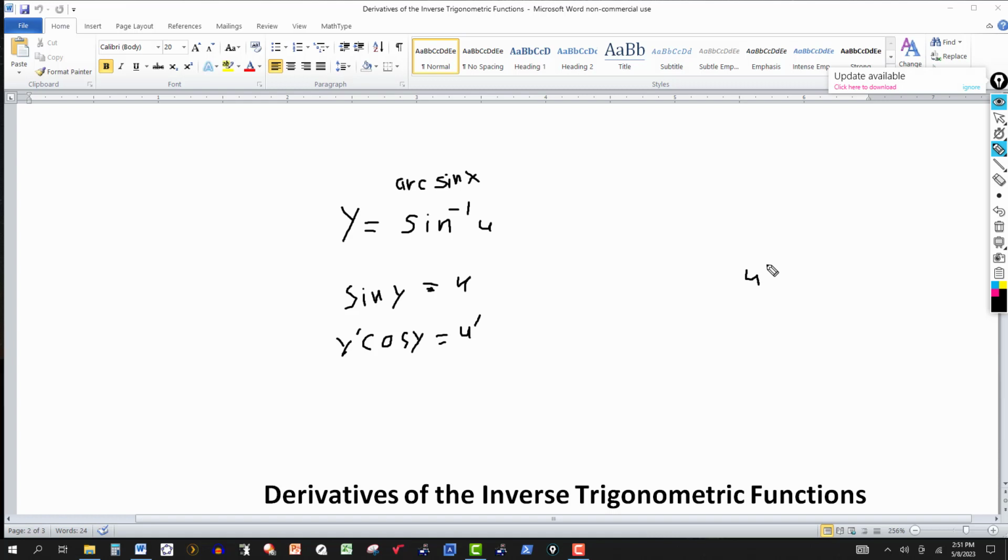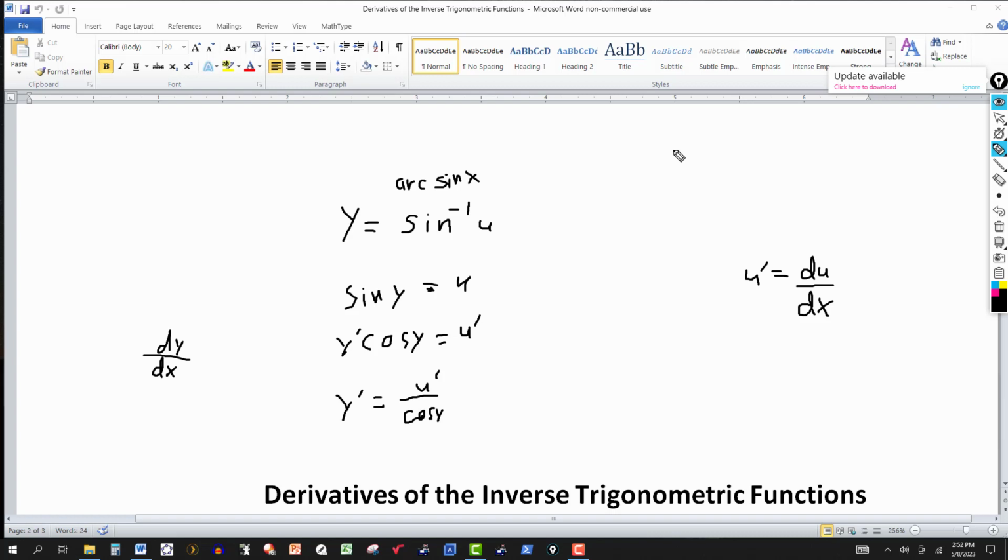When I write u prime, I'm saying that's the same thing as the derivative of u with respect to x. Then I solve for y prime, and again y prime is just a short form for the derivative of y with respect to x. I'm going to divide by cosine y, so this will be u prime divided by cosine of y.